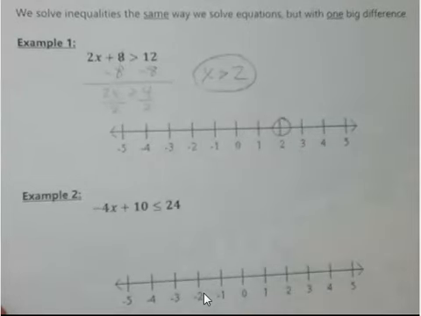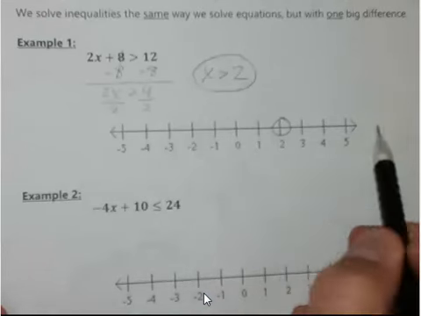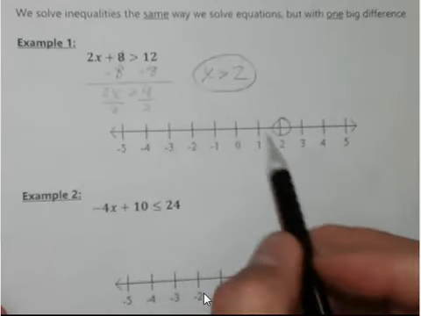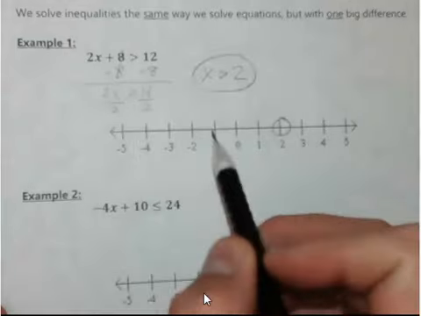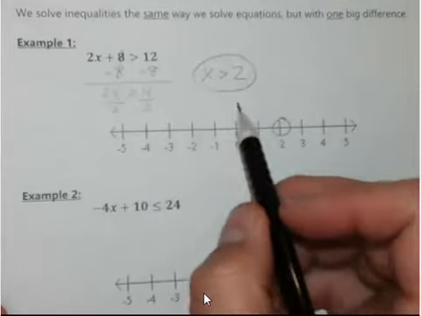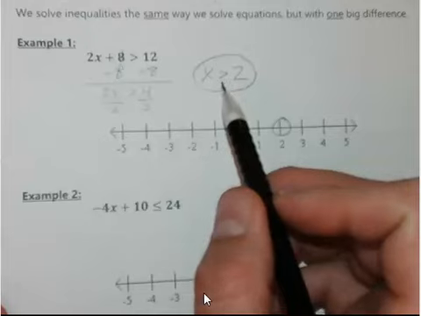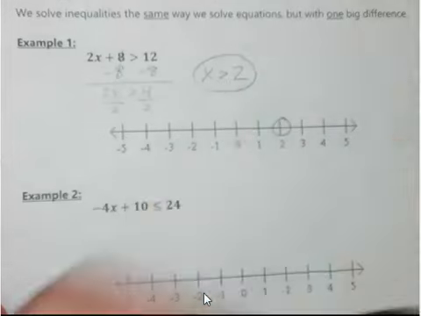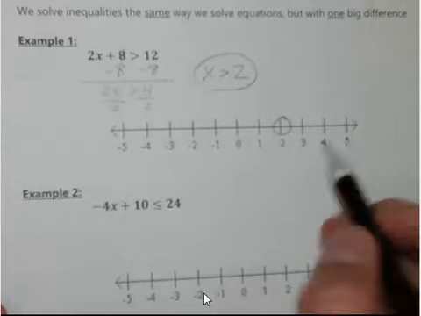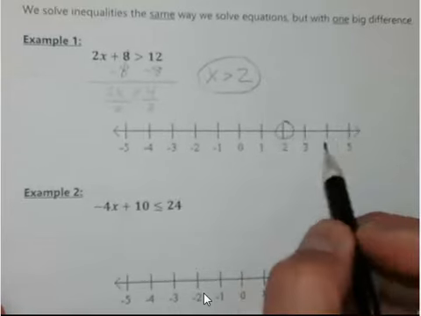Now you should be thinking, we need to figure out which way this arrow is going to go. Is it going to go to the right towards all the positive numbers, or to the left towards all the negatives? Well, we got x is greater than 2. If you think of a number that's greater than 2, you have 3, 10, a million. All those numbers are towards the right.